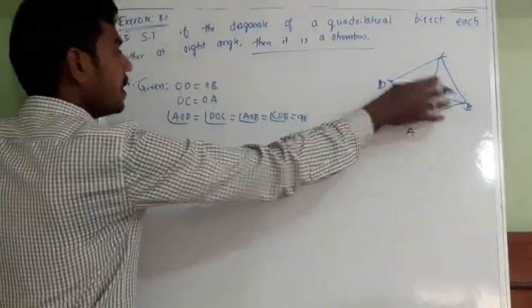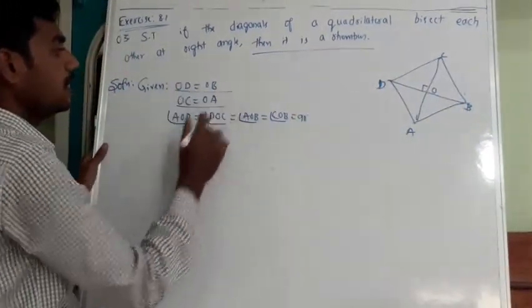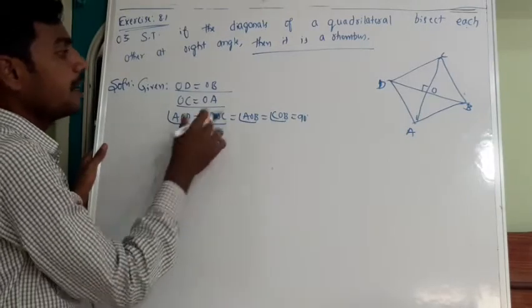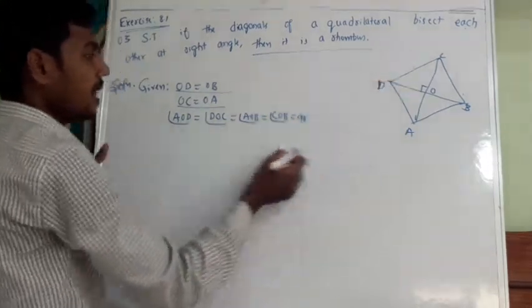Since they bisect each other, OD is equal to OB, OC is equal to OA, and since they bisect at right angles, all the angles will be equal to 90 degrees.